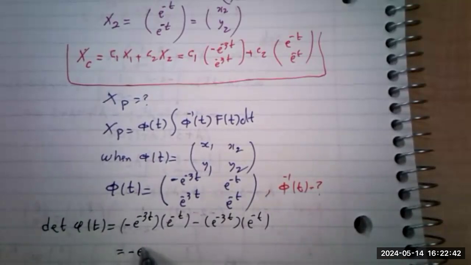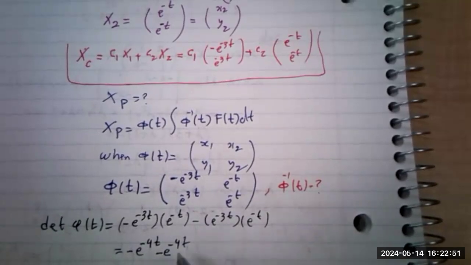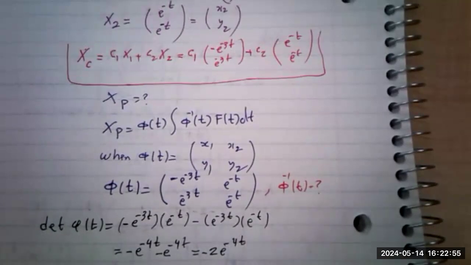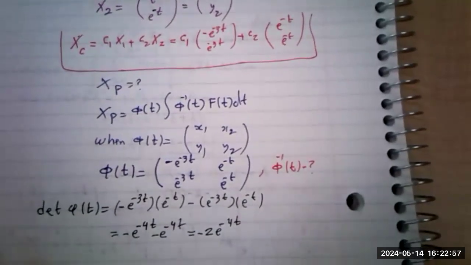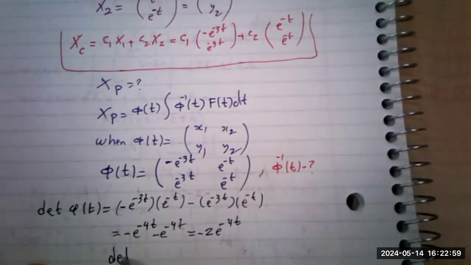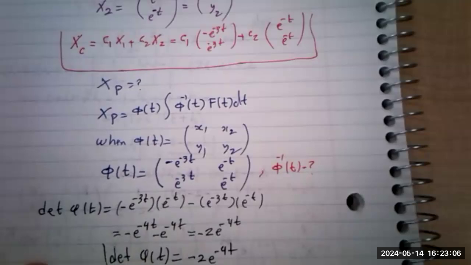It's going to be negative e to the negative 4t for the first one, and negative e to the negative 4t for the second one. You combine them together, so that will be negative 2e to the negative 4t. So that's going to be the determinant of phi of t.